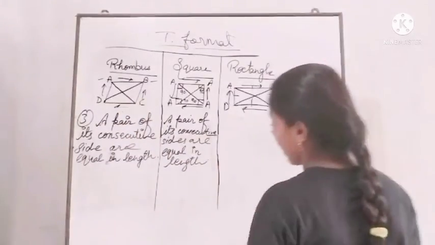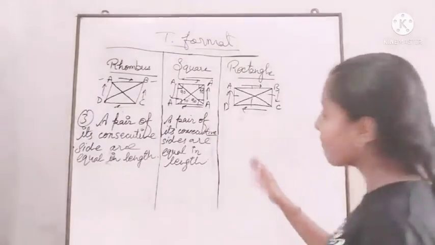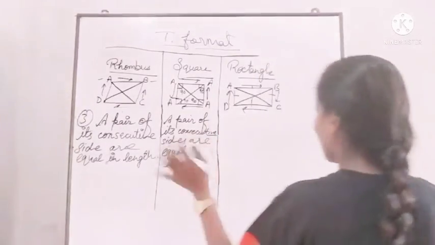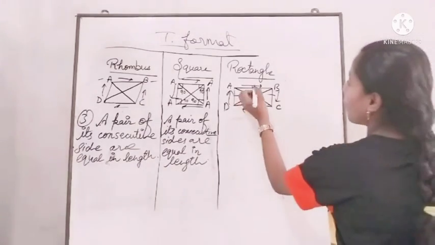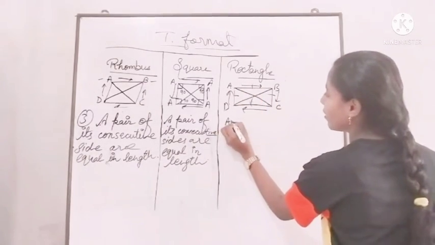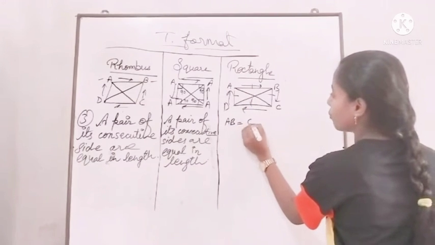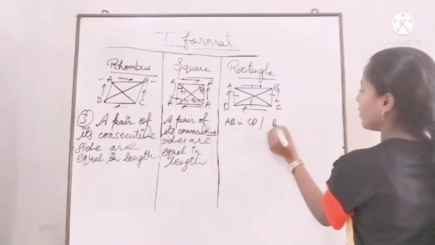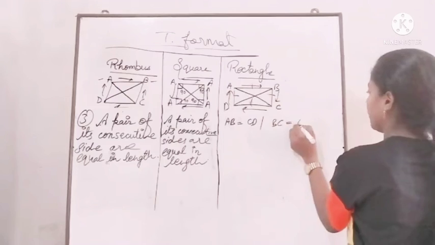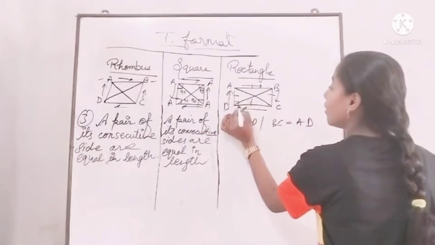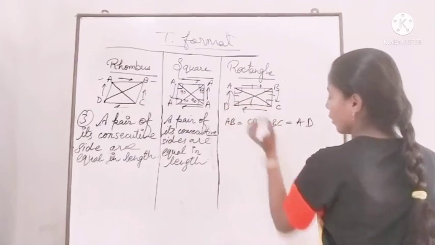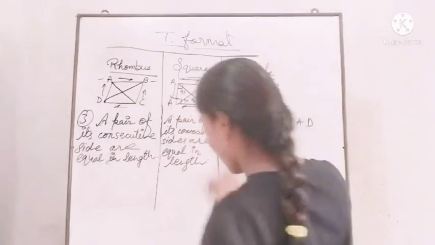Now let us see about the rectangle. We have seen opposite sides are equal. Leave them, come to the part of rectangle. Opposite sides are equal, meaning AB is equal to CD and BC is equal to AD. Now in the second thing, opposite angles are equal.